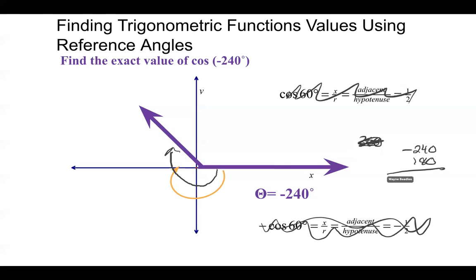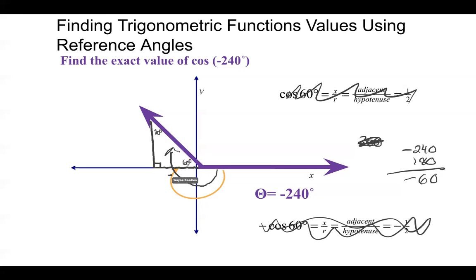Let's subtract those, we get negative 60. The difference is 60. So this triangle right here is a 60-degree angle. And this is 30. And this is 90. So remember that opposite of 30 is 1.